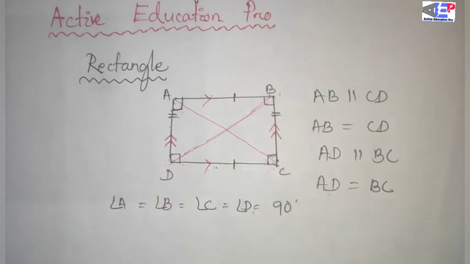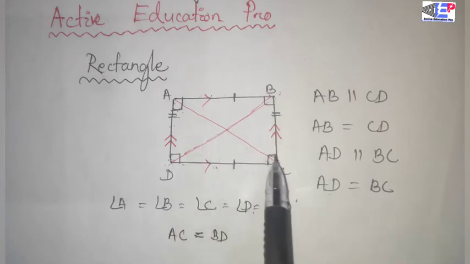In a rectangle, when it comes to its diagonal property, the diagonals are same. Here AC is equal to BD. In every rectangle, the diagonals are same. AC is equal to BD. But yes, you know rectangle is a special case of parallelogram, and in a parallelogram the diagonals bisect each other.